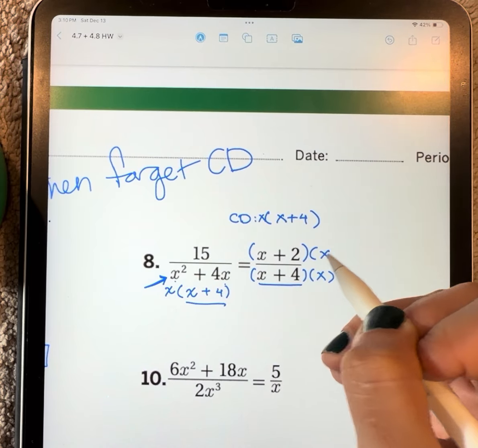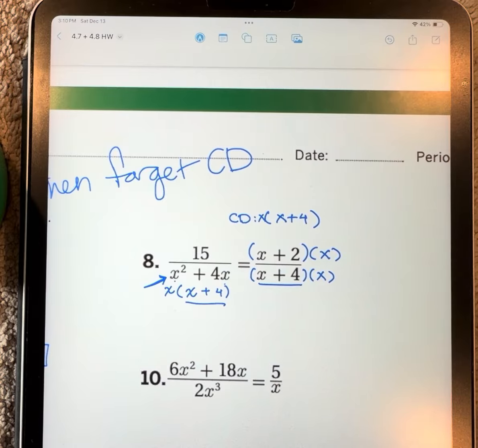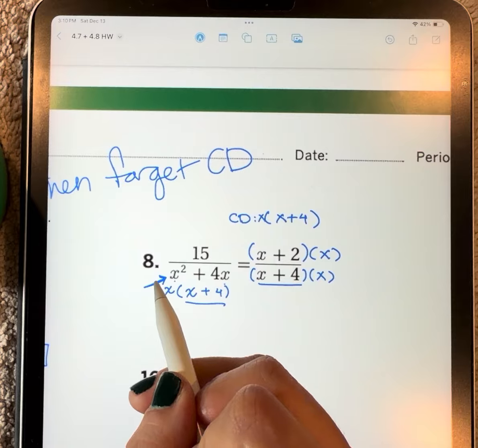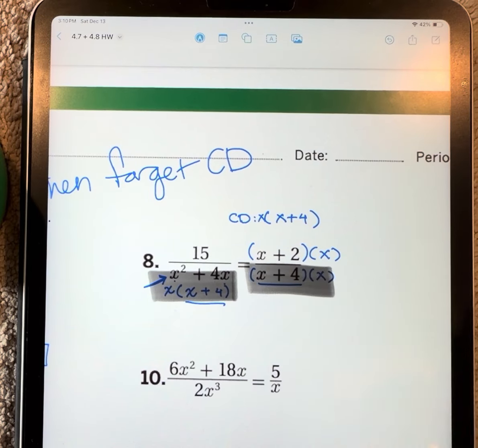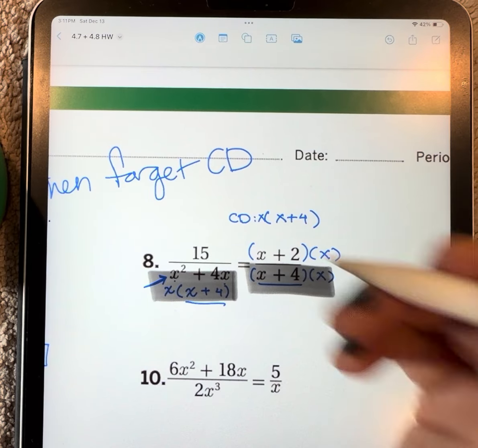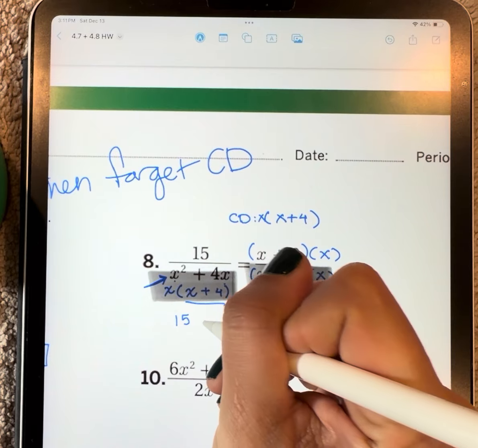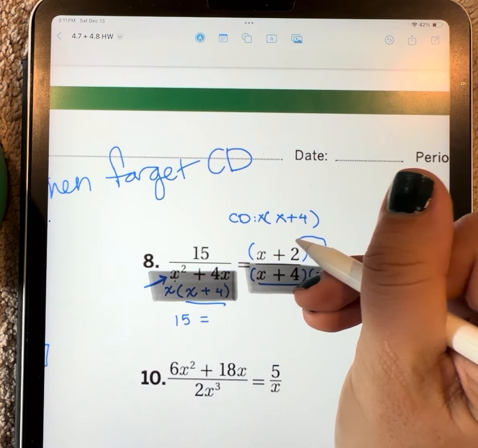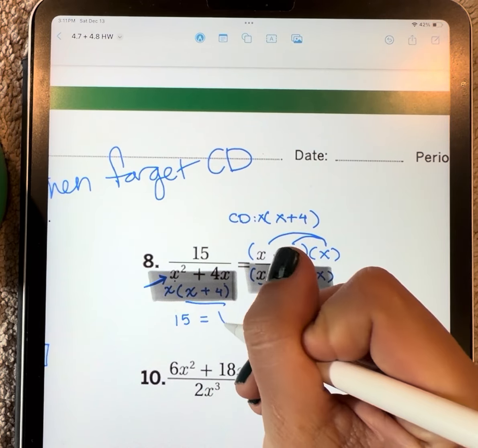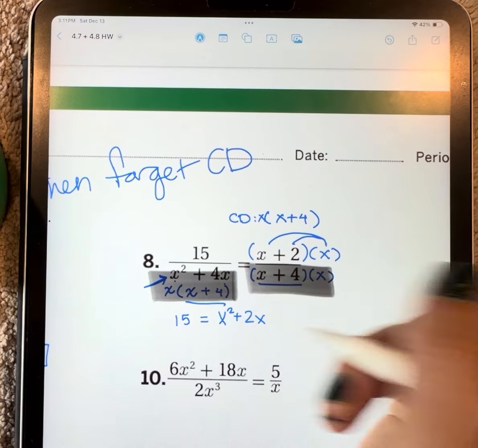Top and bottom. And now that they both have that common denominator, I will forget it. All right? So I have 15 equals, and over here I gotta distribute x squared plus 2x.